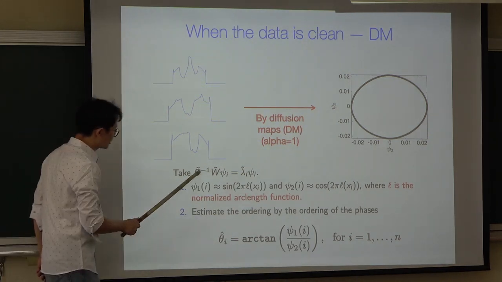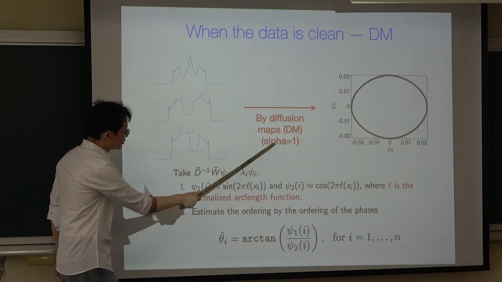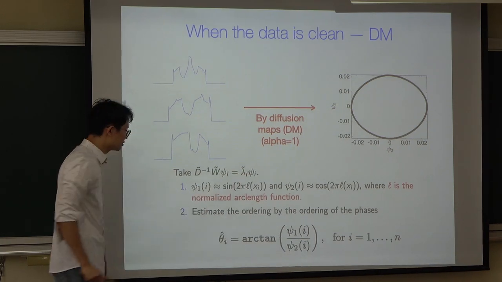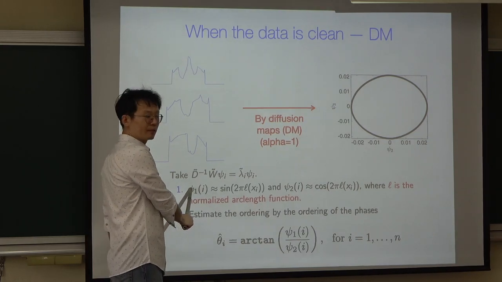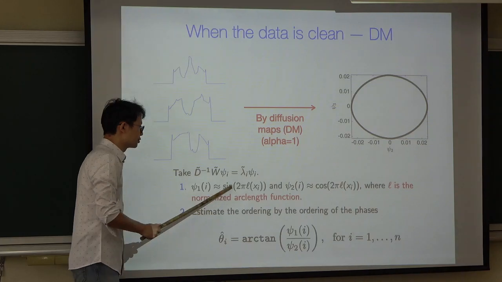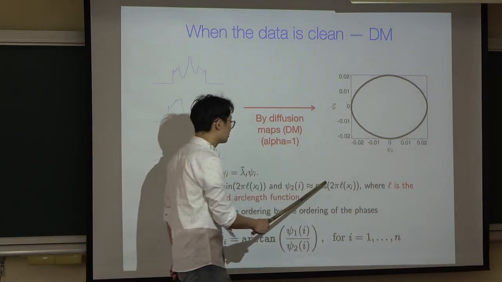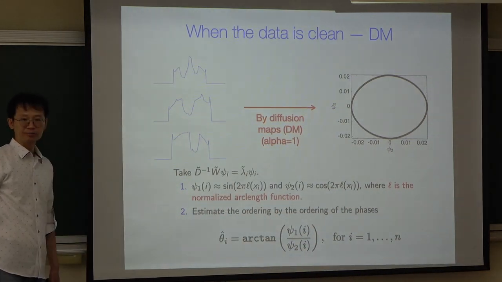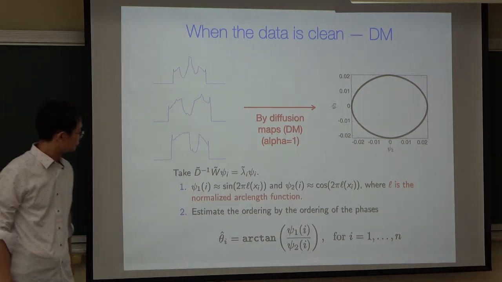Because if you take the alpha-normalized graph Laplacian with alpha equal to 1, and you get all the eigenvectors and eigenvalues, then the top eigenvector will spectrally converge to the sine of 2 pi L of x, and the second one will be the cosine, where L is the normalized arc length function. This is the property we discussed before when we discussed diffusion map.